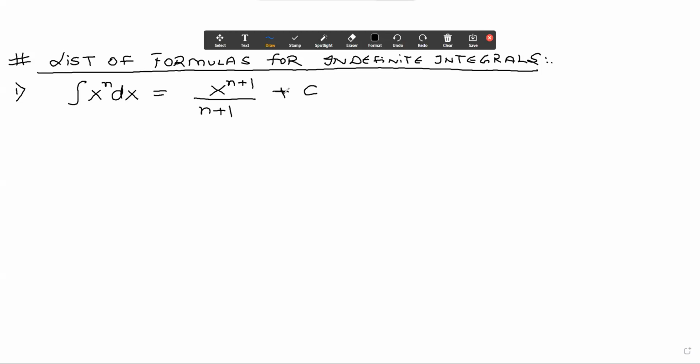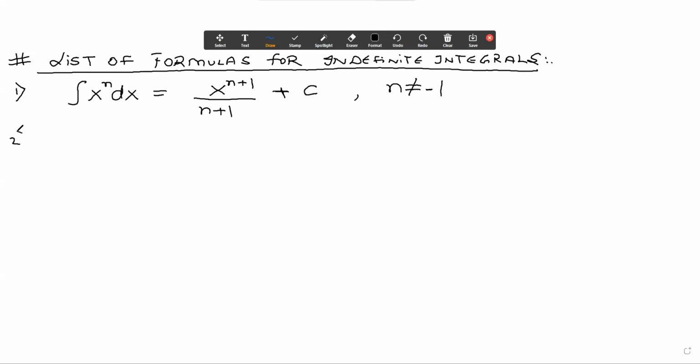This is well defined if n is not equal to minus 1, because if n is equal to minus 1, the denominator becomes 0, so the function becomes not defined.